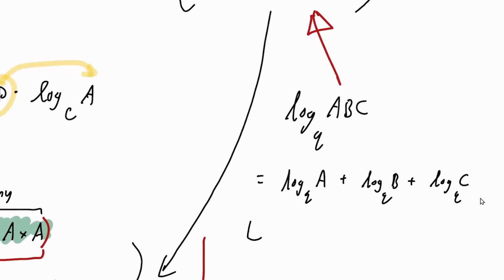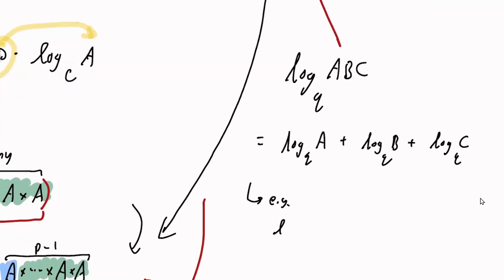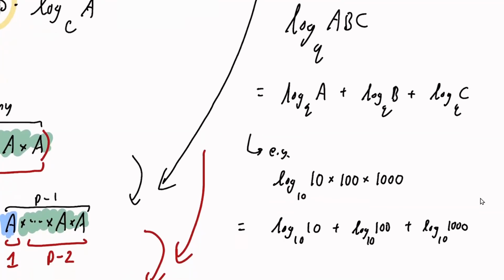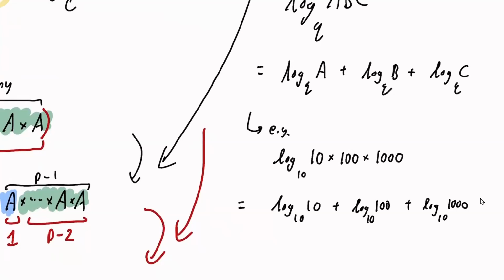Okay. So for example, if you have logarithm of 10 times 100 times 1,000 base 10, it will be exactly the same as log 10 base 10 plus log of 100 base 10 plus log of 1,000 base 10. Is that clear? Are you convinced? Okay.